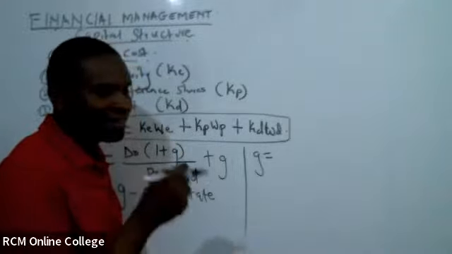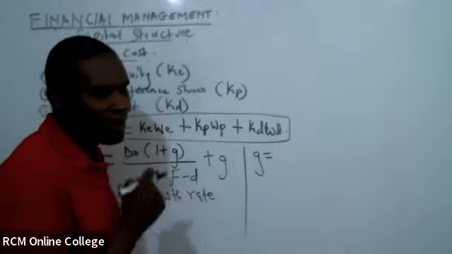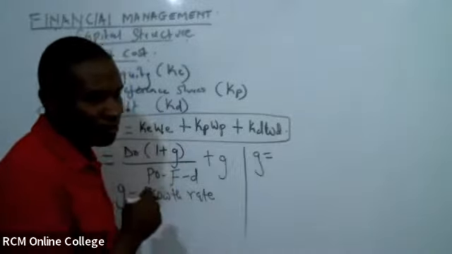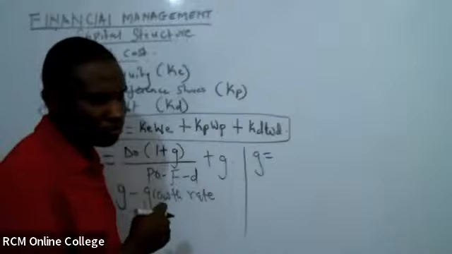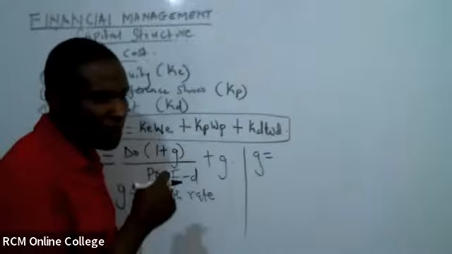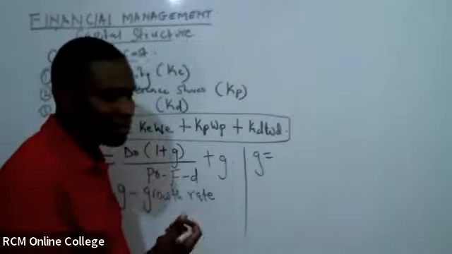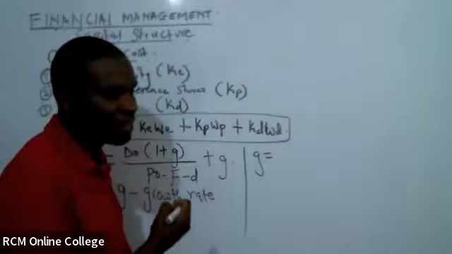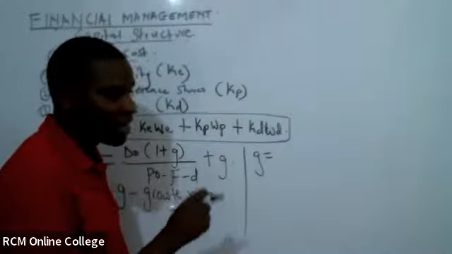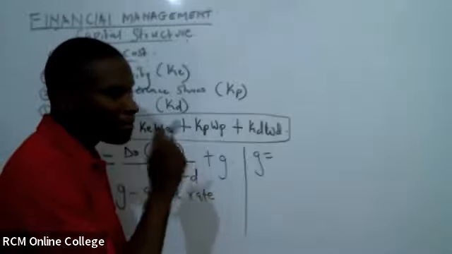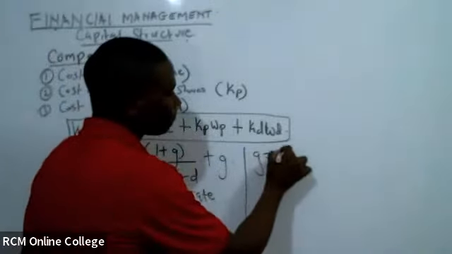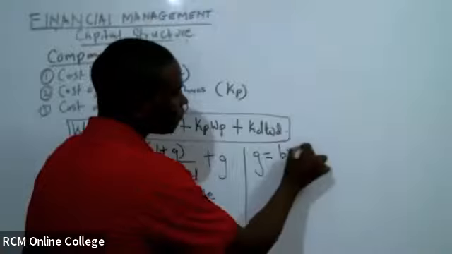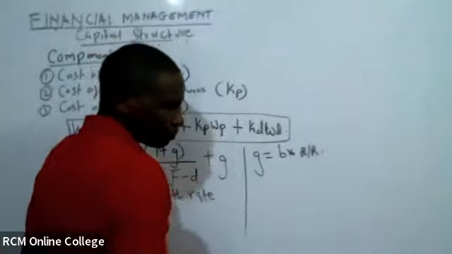Examiner, on the other hand, can give you the dividend payout ratio. So in the instances where the examiner has given you the dividend payout ratio, we say that G is given by B times retention ratio.